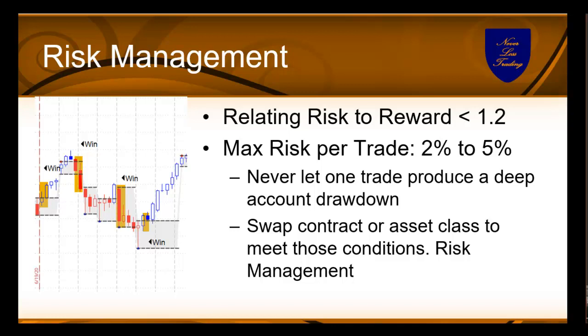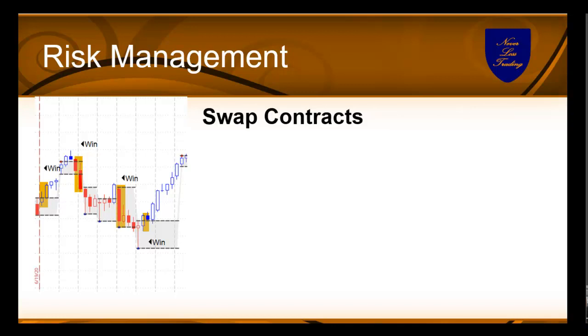And if your risk is violated by this, for example, here you saw in the NQ, what we did was like a $1,600 risk per unit, then we have to swap to a different asset class or to a different contract. And here we show you an example how that can be done. First measure could be a swap to a different contract, because we were looking at the E-mini NASDAQ 100 futures contract.